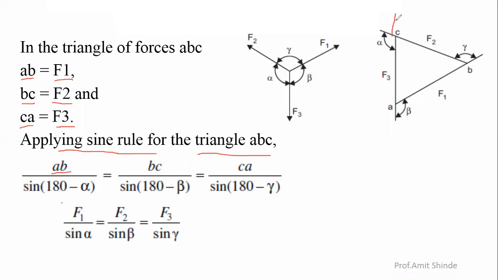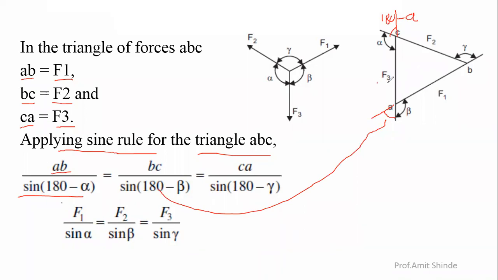Now if you extend this line, this angle is 180 minus alpha. This side is proportional to the sine of 180 minus alpha. Similarly for the BC side, if you extend it, this angle is 180 minus beta.